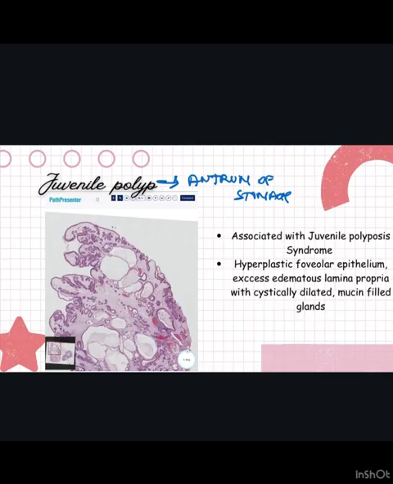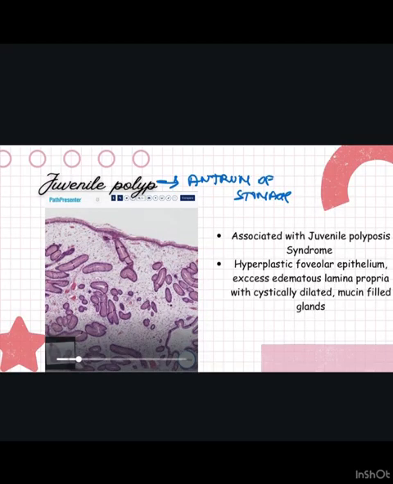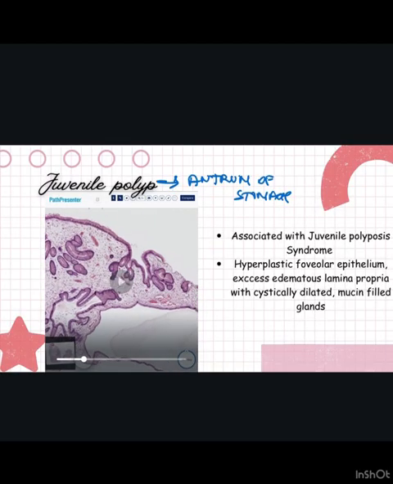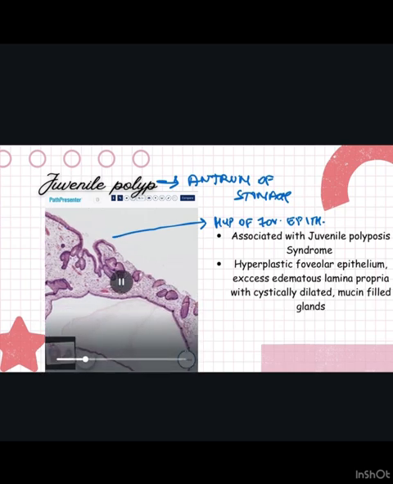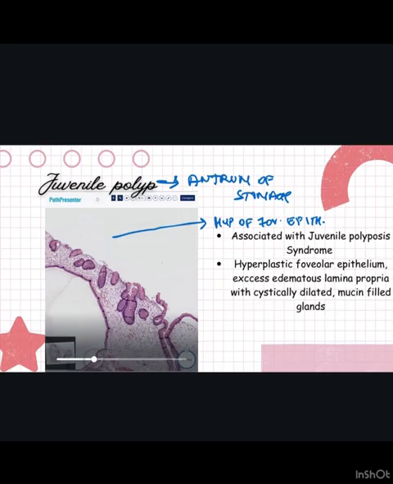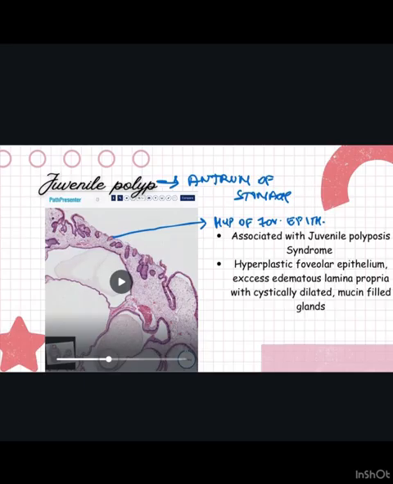In order to understand the features of juvenile polyp better, let us have a look at this slide review. As you can see here, this is a biopsy of a stomach mucosa in a polypoidal configuration. There is hyperplasia of the foveolar epithelium. You can also see that there are cystically dilated mucin-filled glands over here.